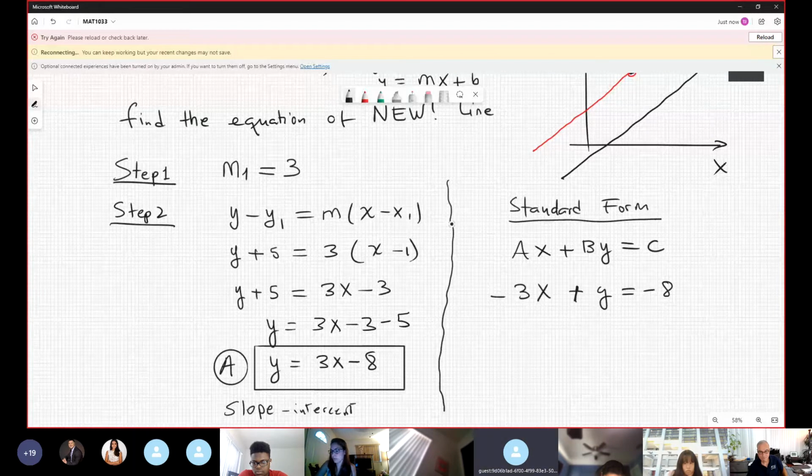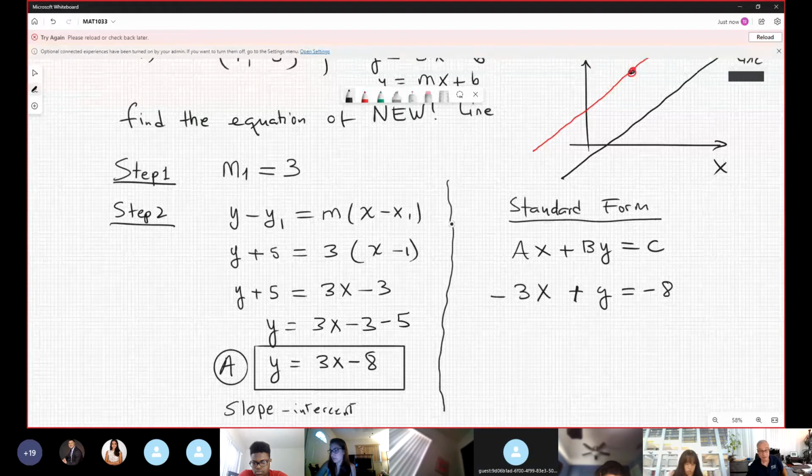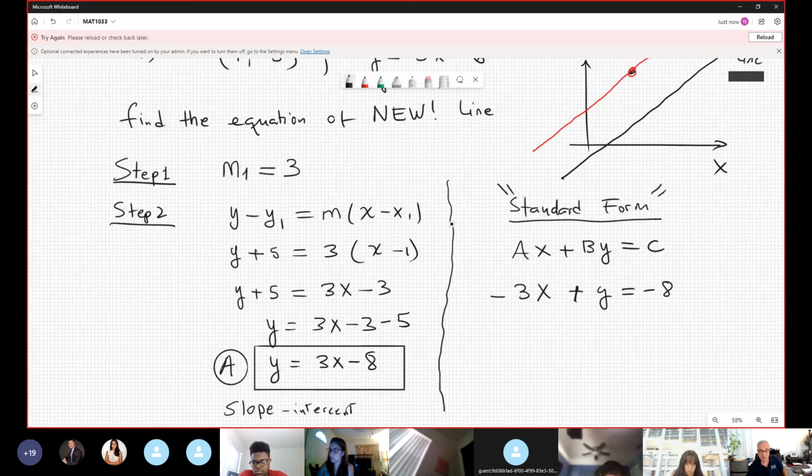Yes. But it's not completed. We need to do something. Remember, I repeat this idea one more time. The standard form is picky. In the standard form, A, B, and C are integer numbers, so no fraction, no decimal allowed. However, A is always positive. Here A is negative, but it's easy to change.